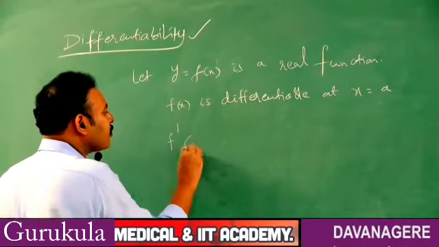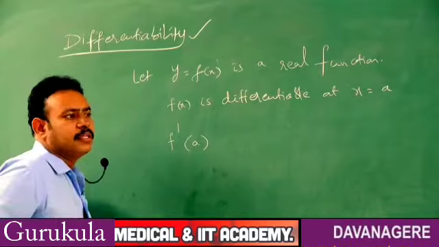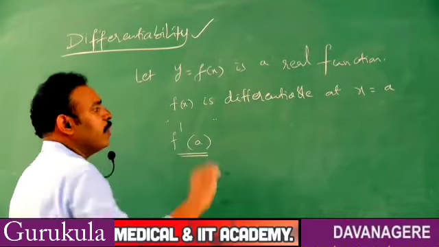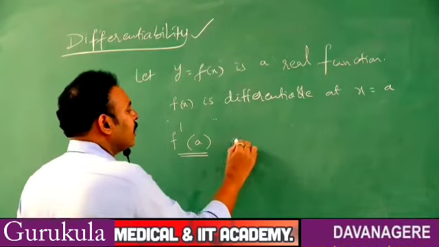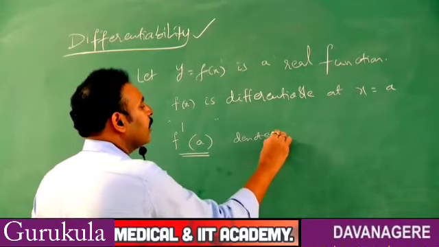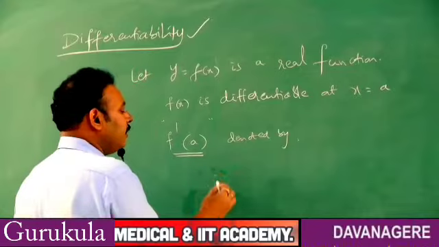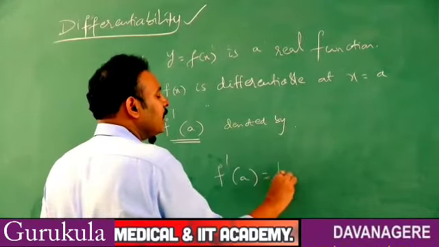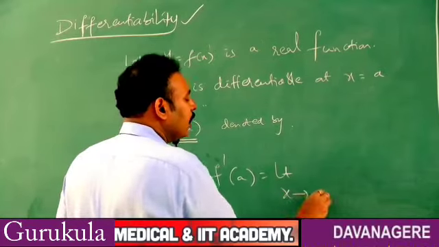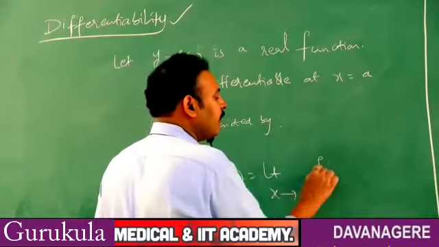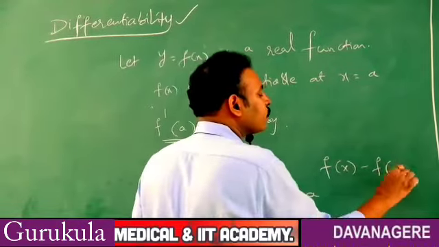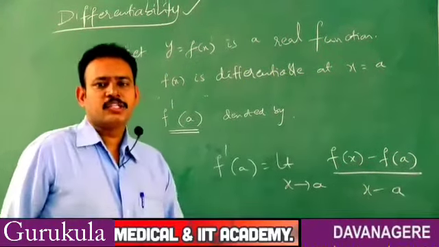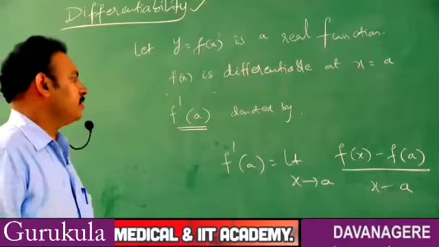it is denoted by f dash of a, and it is defined as f dash of a is equal to limit x tends to a of f of x minus f of a by x minus a, students.